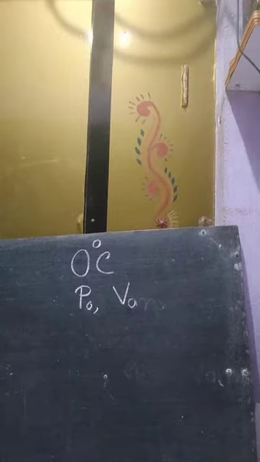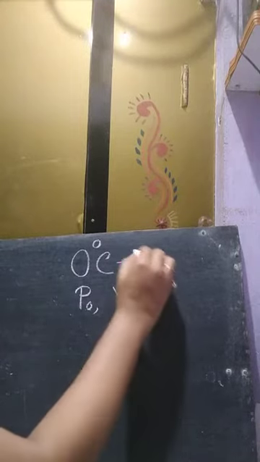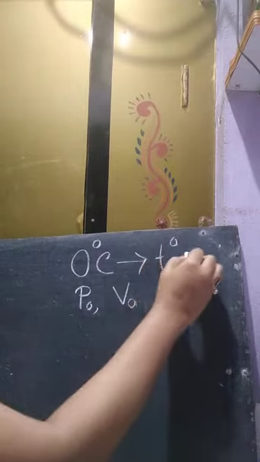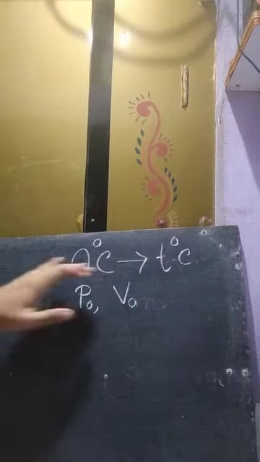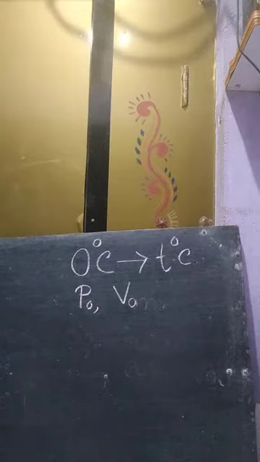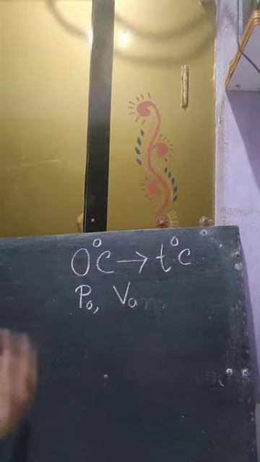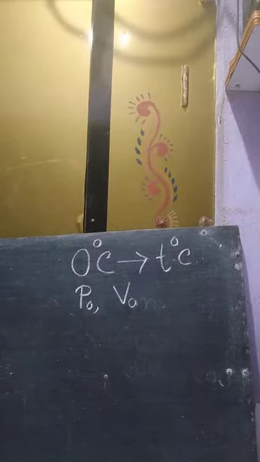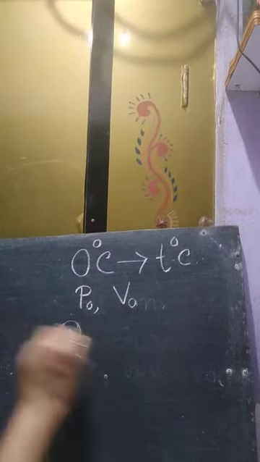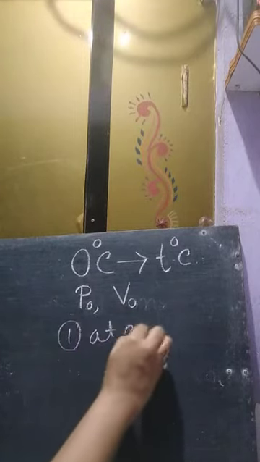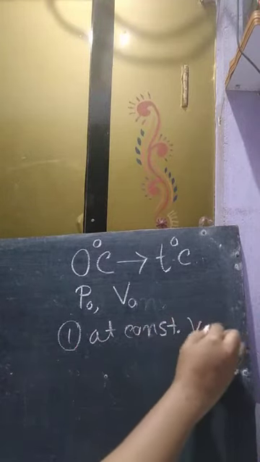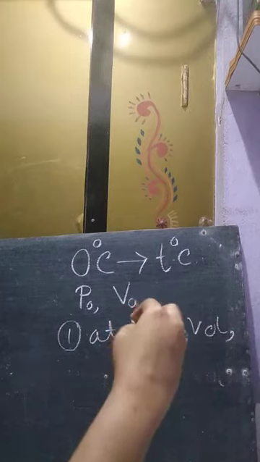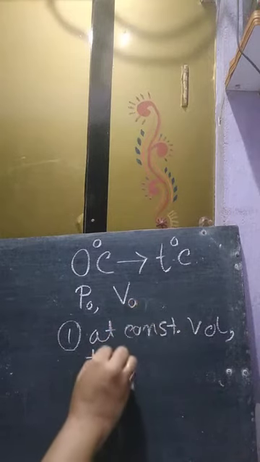Now, if we increase the temperature from 0 degrees to T degrees Celsius, how can we do this? We can increase the temperature in two ways. The first one is at constant volume, the pressure is increased.